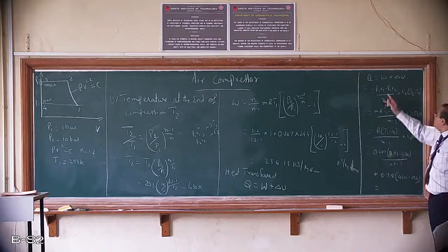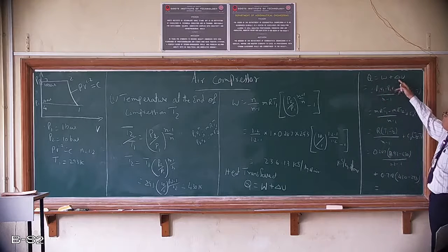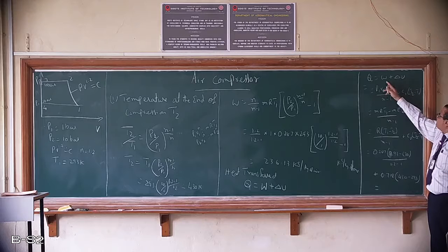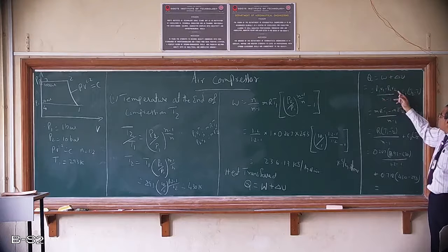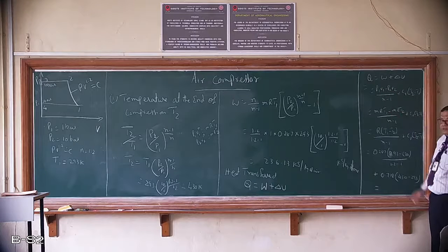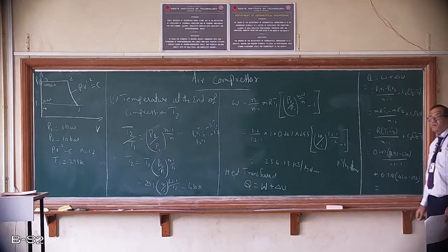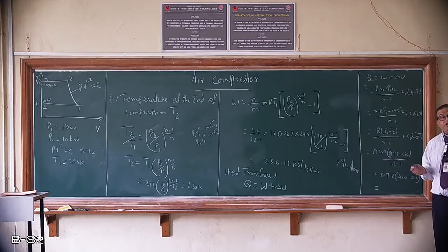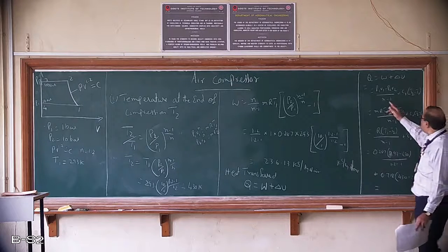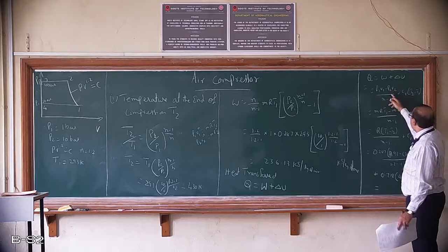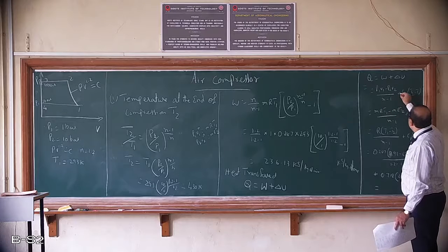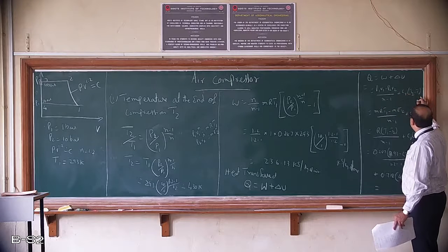You can see what I have done here: Q is equal to W plus delta U. What is work done? (P1V1 minus P2V2) by (n minus 1), the general equation according to the first law of thermodynamics for a polytropic process. So this I have taught you. Plus the internal energy Cv of (T2 minus T1).